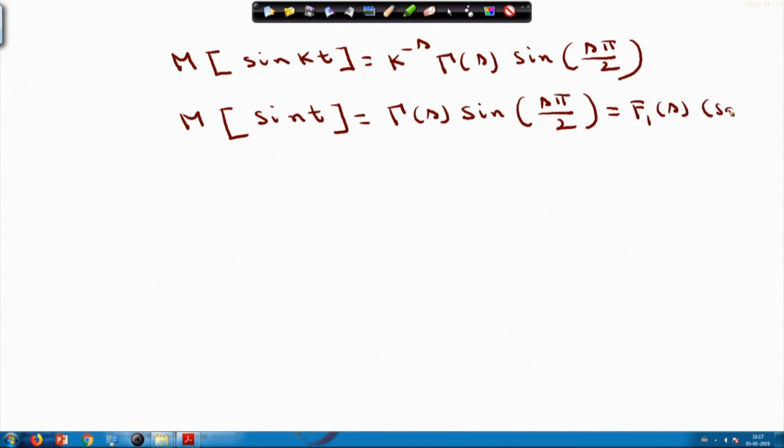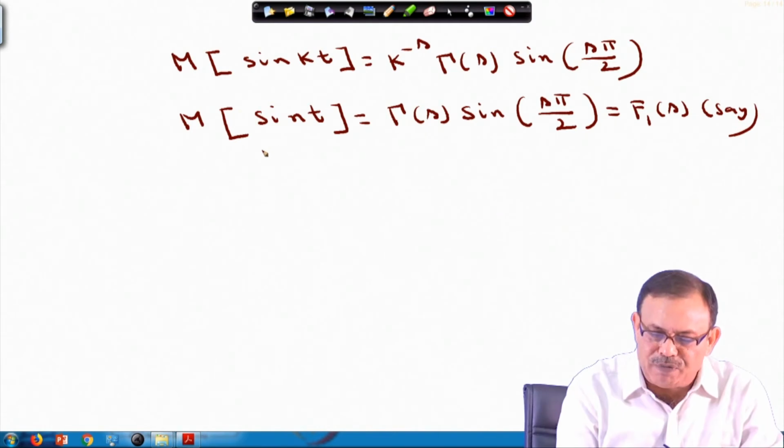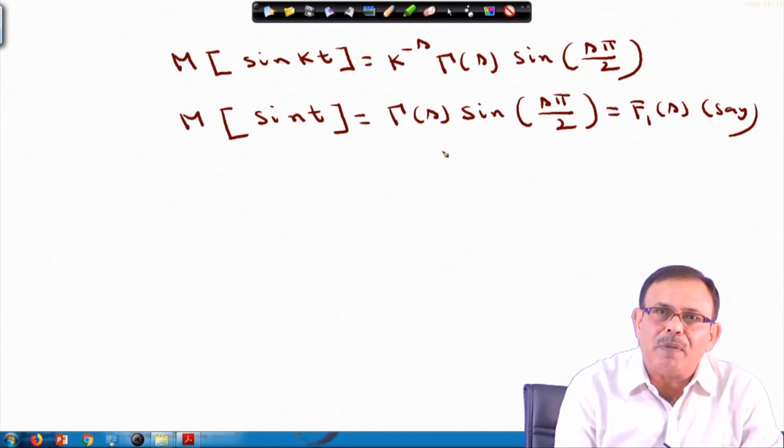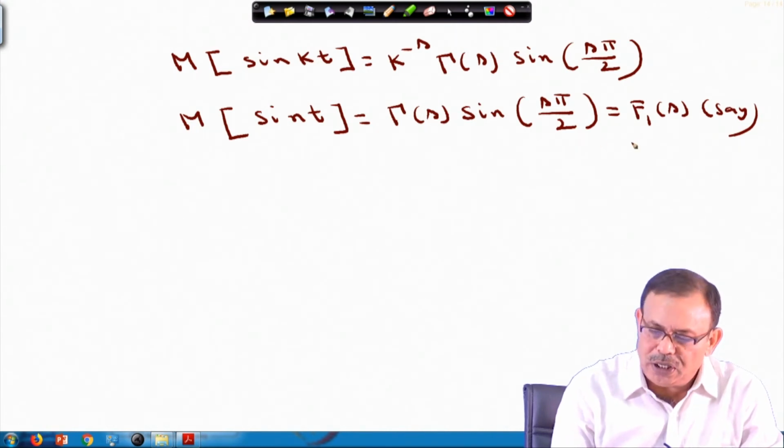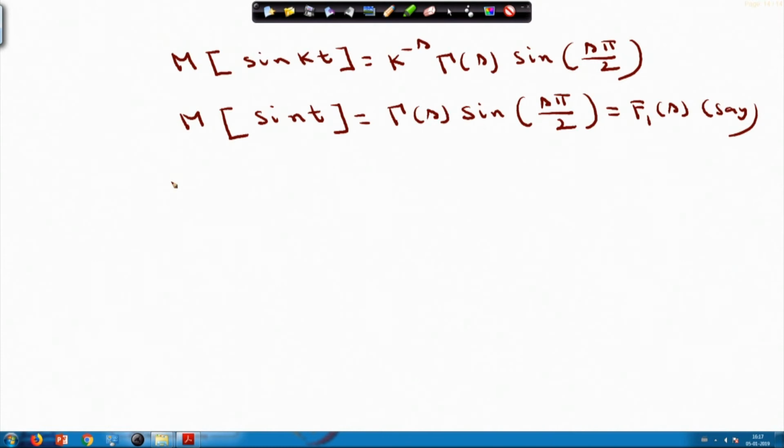So, from the Mellin transform of sin k t, I find the Mellin transform of sin t, which equals gamma s sin s pi by 2, and which I am assuming as f 1 s. Therefore, the Mellin transform of sin t by t, again from the properties, simply equals f 1 s minus 1.